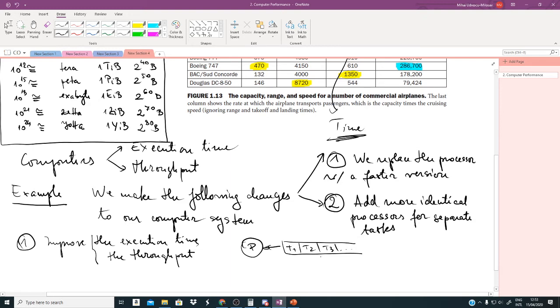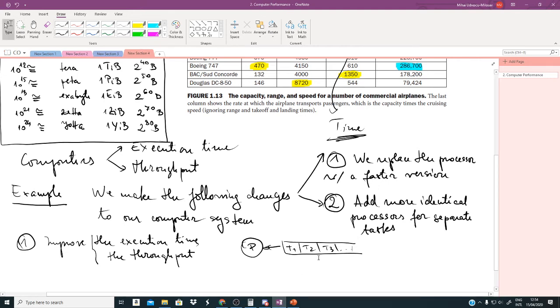But on the other hand, if we improve the execution time, then the time required to execute all of these tasks is smaller. So the number of tasks executed per unit of time is also improved. This shows why execution time is so important, because if you improve execution time, you improve everything as a result.